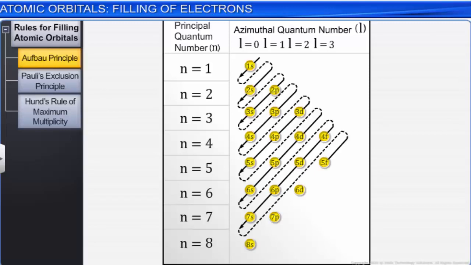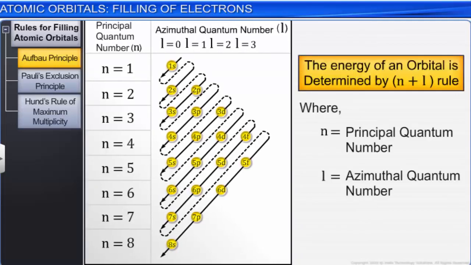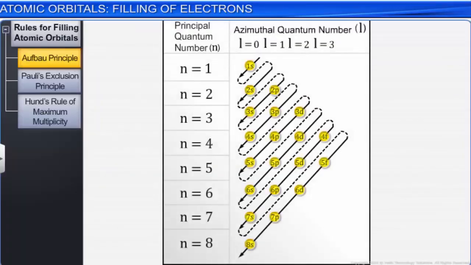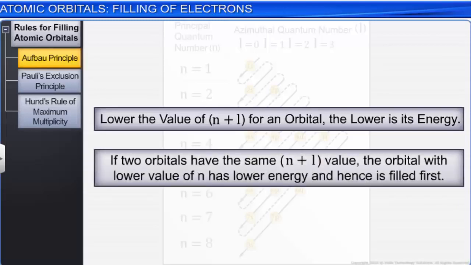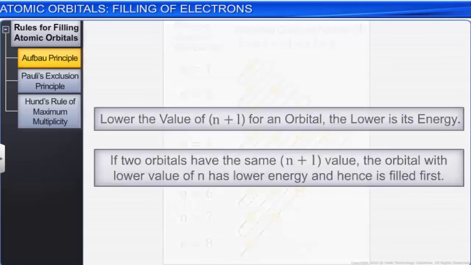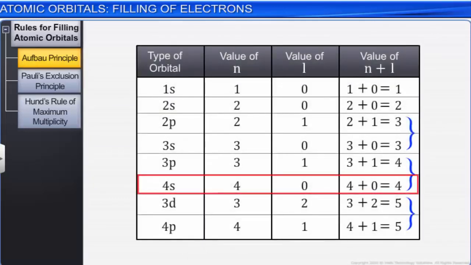The energy of an orbital is determined by using the n plus l rule. According to this rule, the lower the value of n plus l for an orbital, the lower is its energy. If two orbitals have the same n plus l value, the orbital with lower value of n has lower energy and hence is filled first. For example, for 4s orbital, the values of n and l are 4 and 0 respectively.